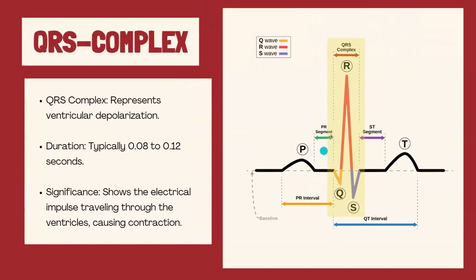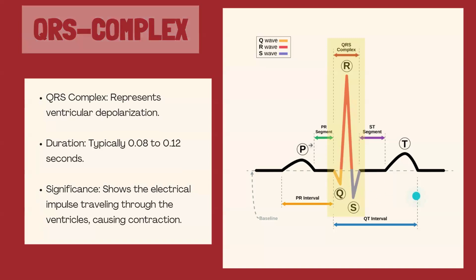This is the reason why it's a big spike and so much more different: the ventricles, like I said, are much bigger and more powerful, and they need more power to pump blood throughout the body. That's why the depolarization activity of the ventricles, which mainly comes from all those Purkinje fibers that we talked about, is much larger. Its duration is typically 0.08 to 0.12 seconds, and its significance is that it shows the electrical impulse traveling through the ventricles, causing contraction.